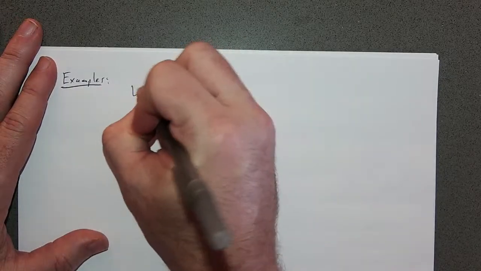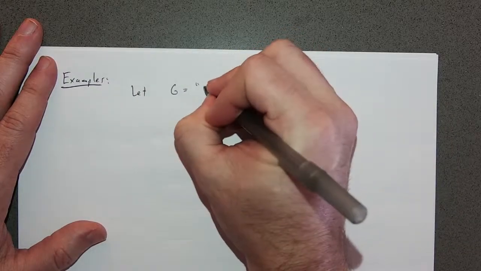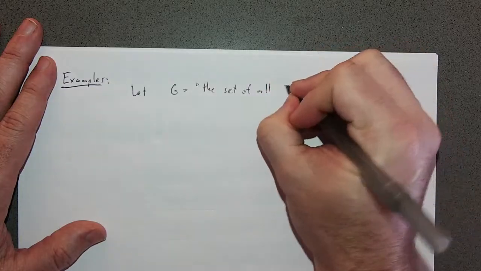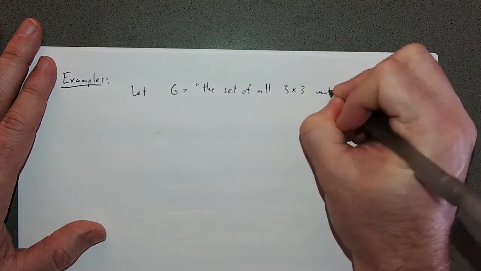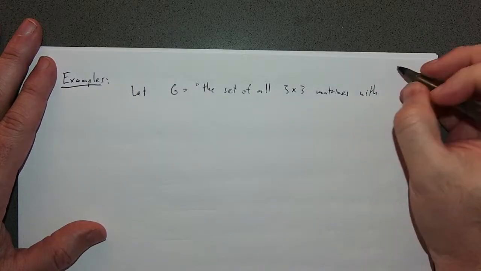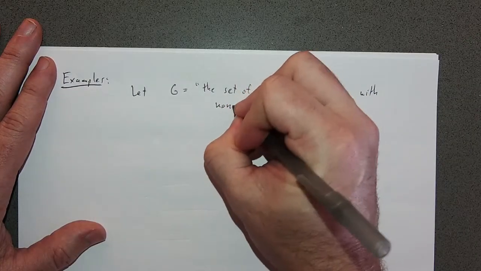What are some examples? Let G be the set of all 3 by 3 matrices with non-zero determinant and real coefficients.